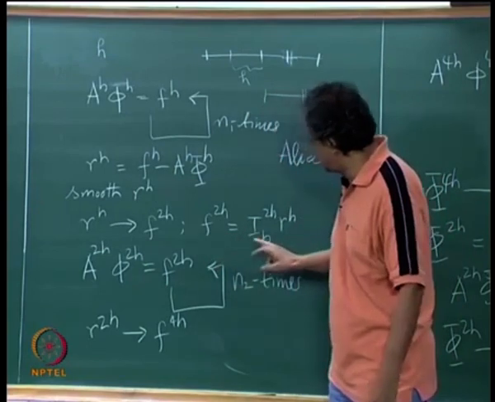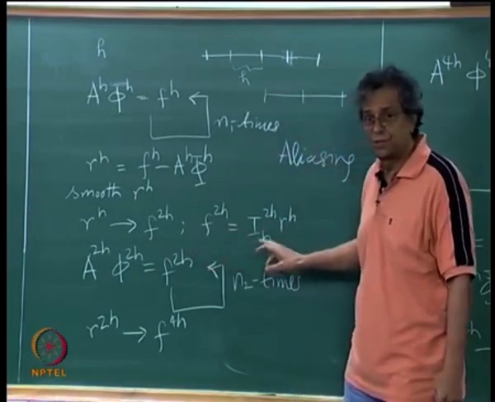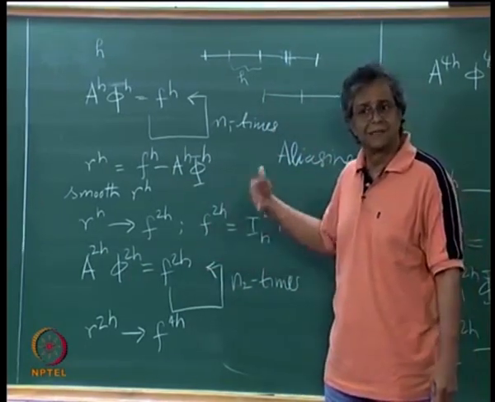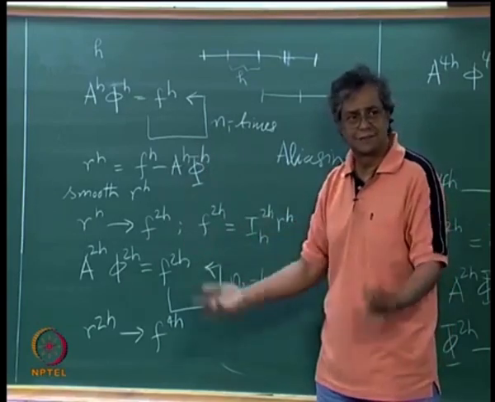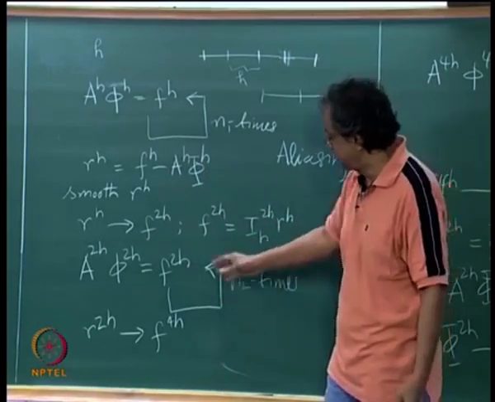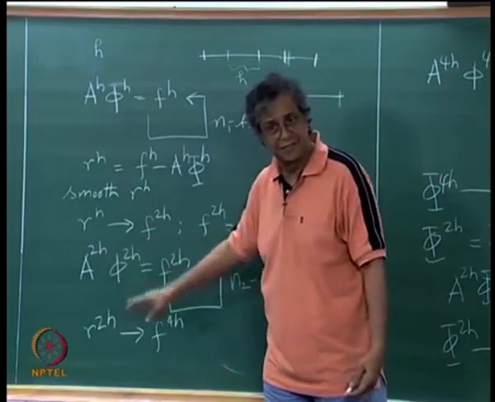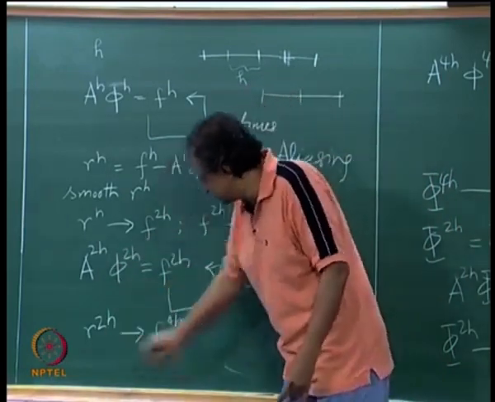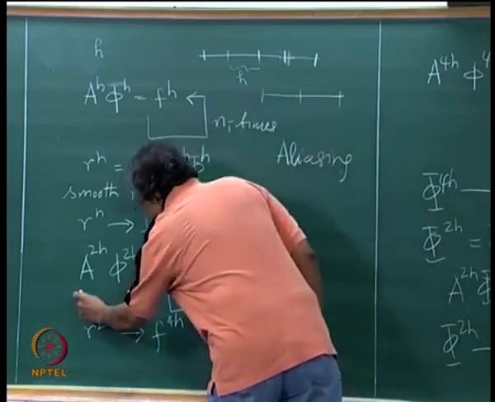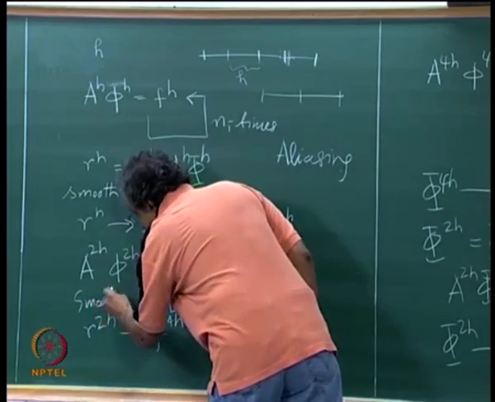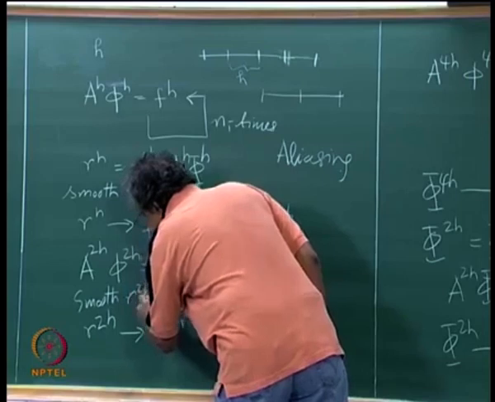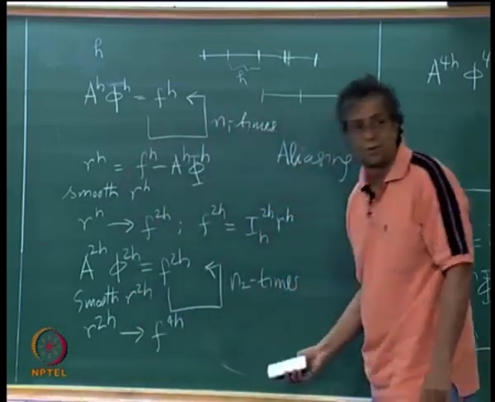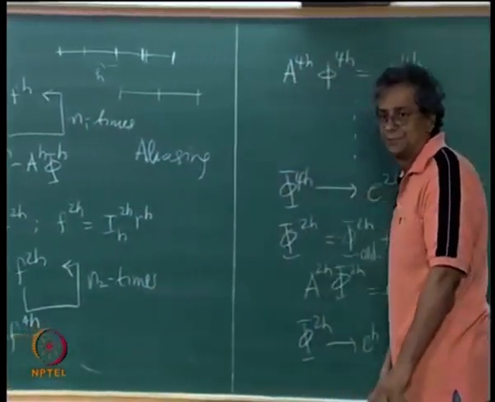So this F2H now is not going to have any content that the grid cannot represent, and as a consequence you can iterate this, and again I would iterate it a few times. Smooth again, and do the transfer, okay, fine.